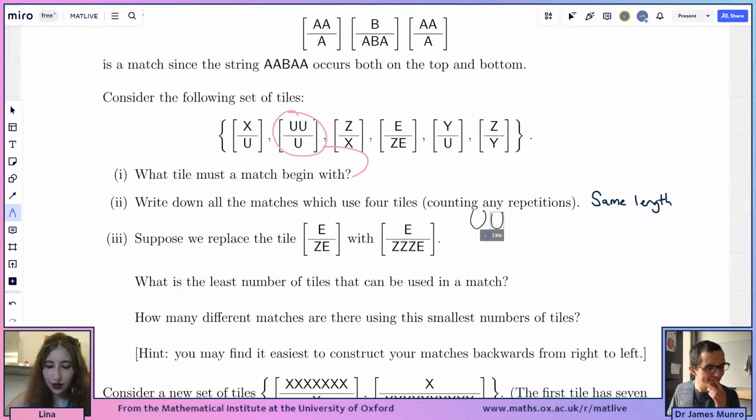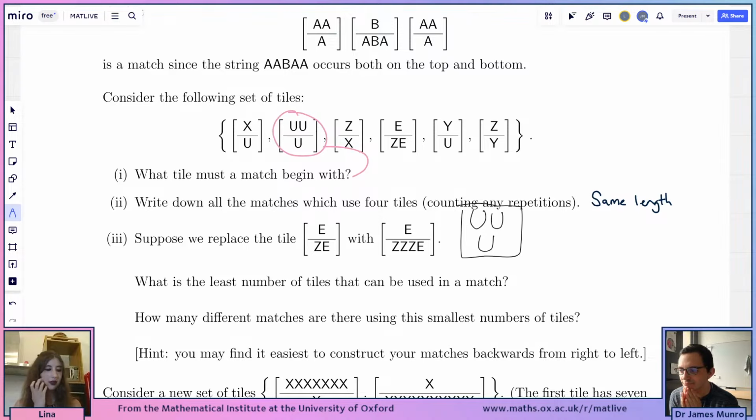So we're going to write the U tile first. We know that has to be the first tile. And we can look at the end tile. We know that they have to have the same letters at the end as well. So that gives us this tile that we could use, and the U tile again, because there are 2 U's, one on the top and the bottom in last place, and the 2 E's in last place, and they're the same. So we've got 2 possibilities.